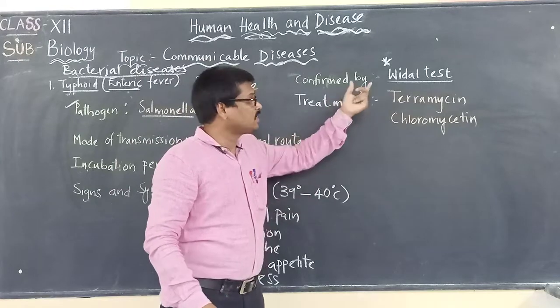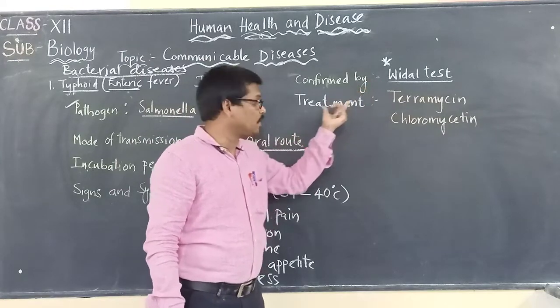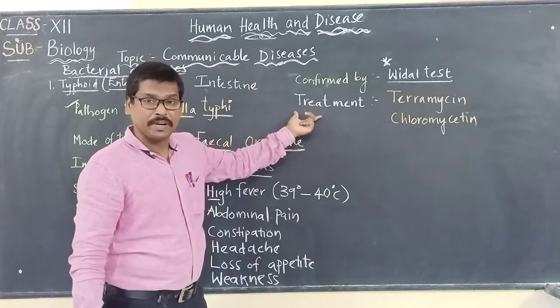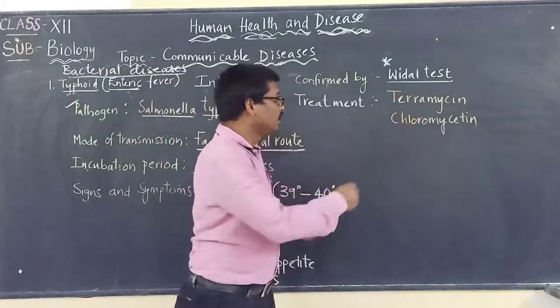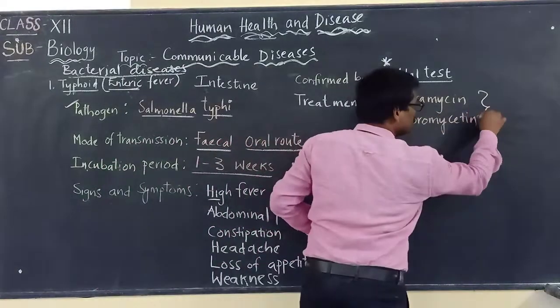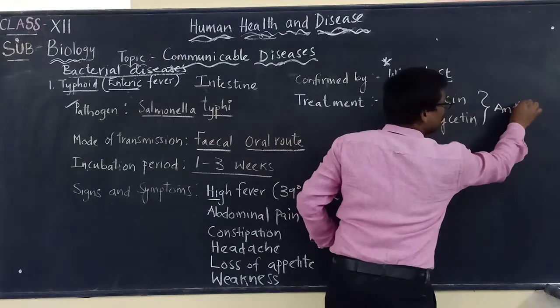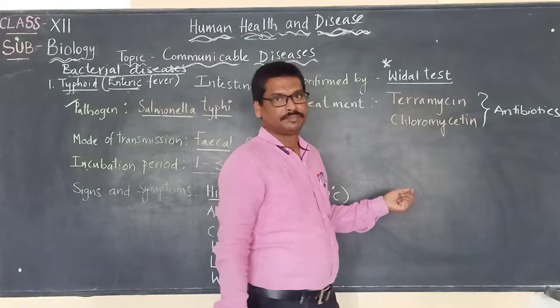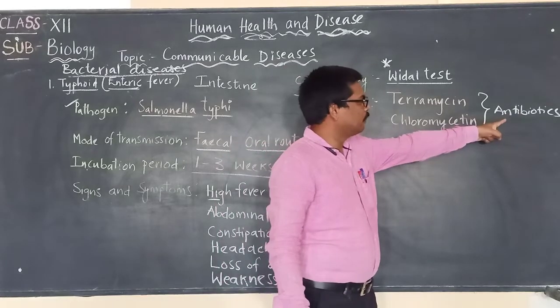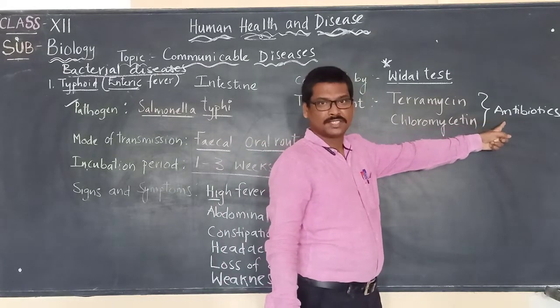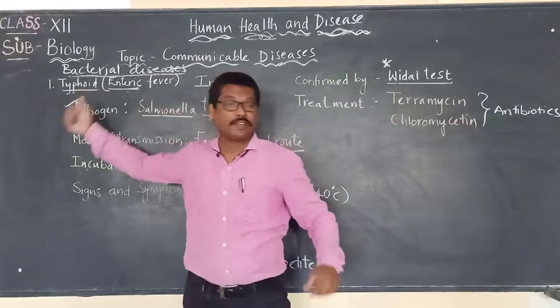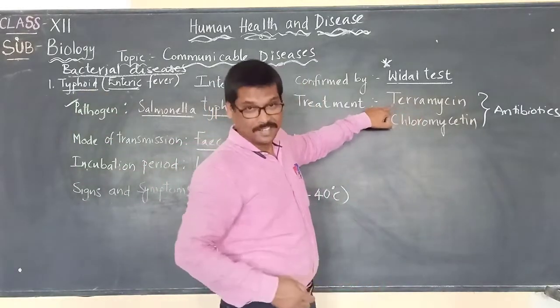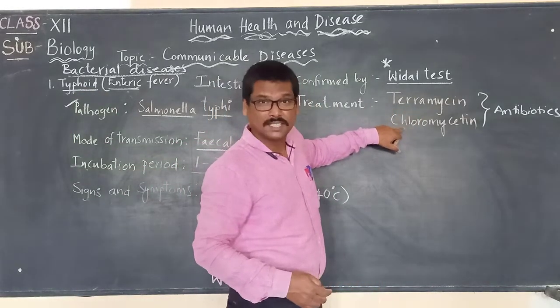Once it is confirmed, they also do the treatment. So what is the treatment? They give antibiotics. Here a person who is suffering with typhoid will be given antibiotics like terramycin and chloromycetin.